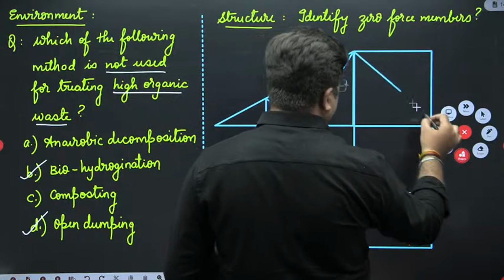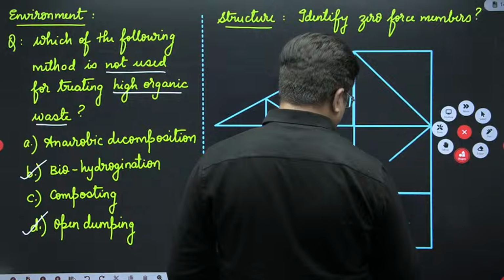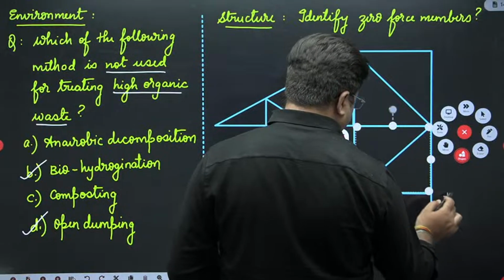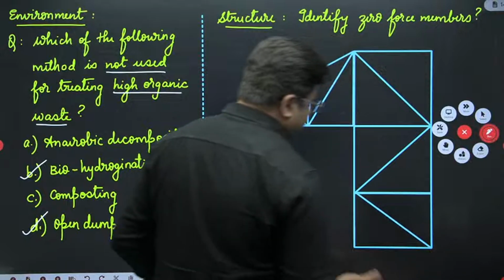So like this, the truss was given to us and we need to identify the zero force members for this truss. I think they are asking from the options.